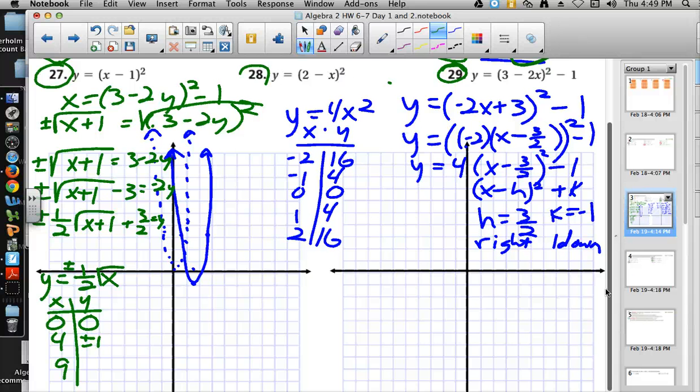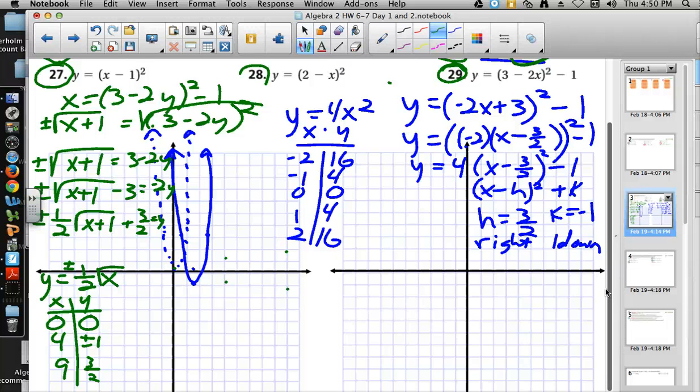It just uses symmetry, so usually I won't even bother putting that down. And then the square root of 9 is 3, and that'll give me 3/2, which is 1/2. So that's the shape of my graph: 0, 0, 4, plus or minus 1, and then 9, 1/2 in both directions.